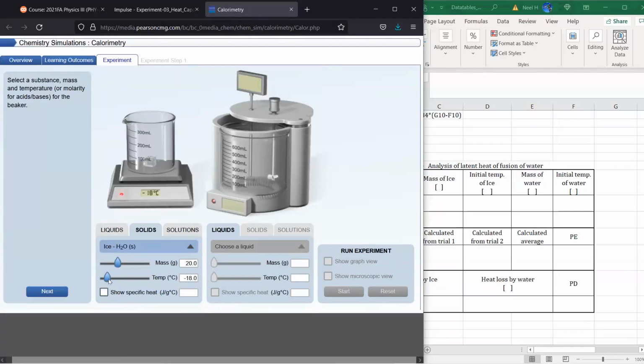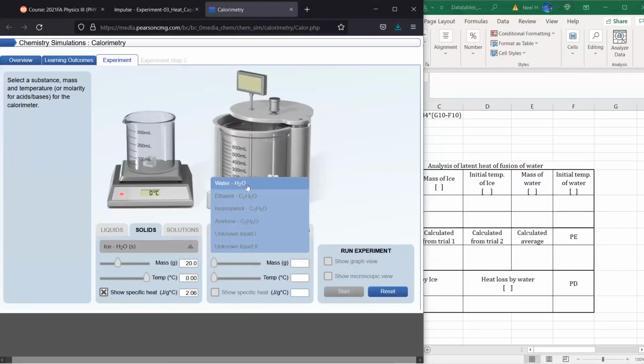We can use maybe 50 grams of ice, probably too much.